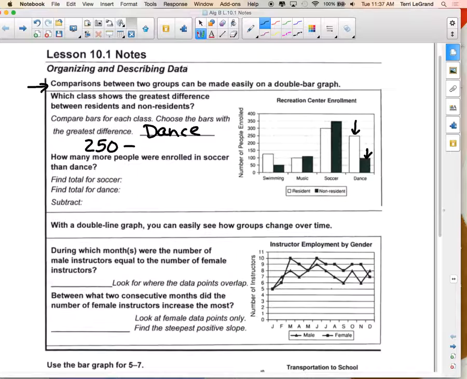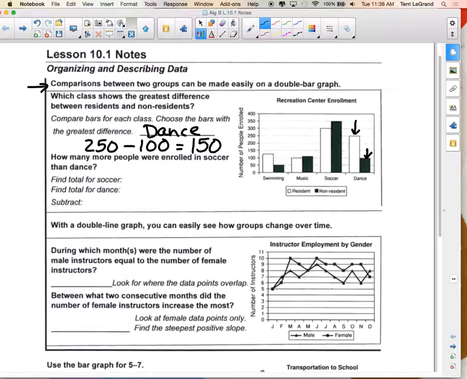How many non-residents are enrolled in dance class? 100? Do we agree with that, everybody? Okay. So we're having to estimate from this graph. It looks like about 250 residents enrolled, 100 non-residents. So it appears that there's a difference of 150 people.